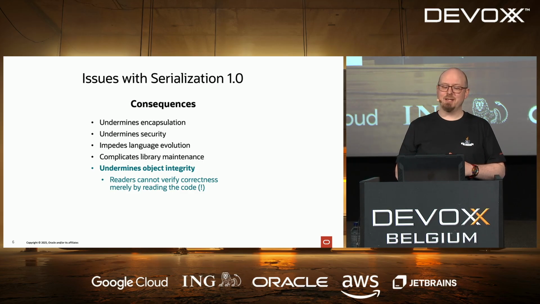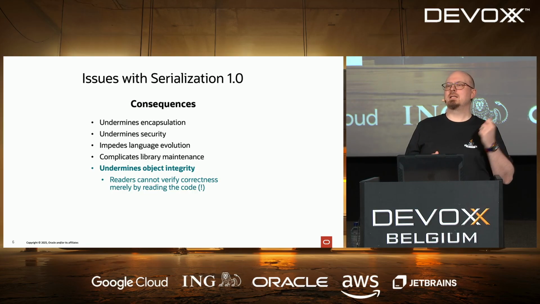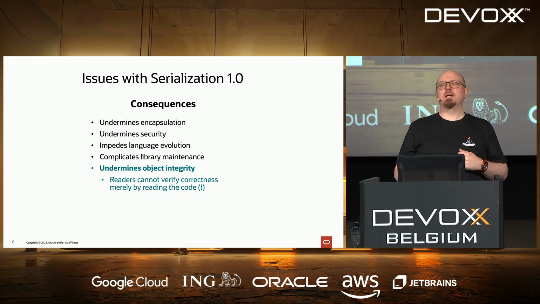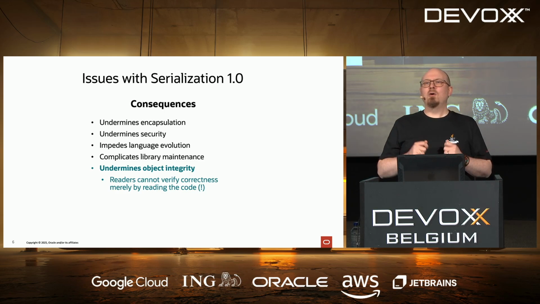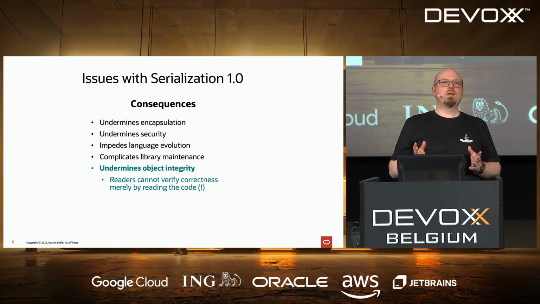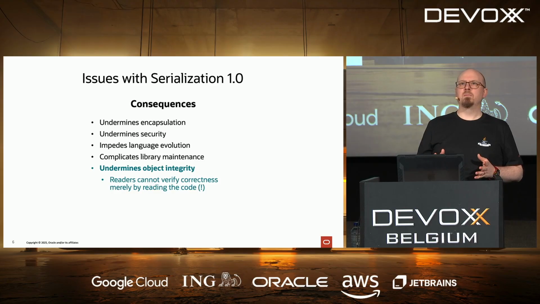One of the bigger things here is undermining object integrity. If you look at a pull request of a Java class that is implementing serializable, and you see that it has defined a readObject and a readResolve, and it has some readObjectNoData method, how many in the audience know the order in which these methods are invoked by heart?